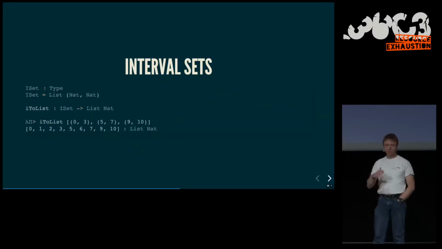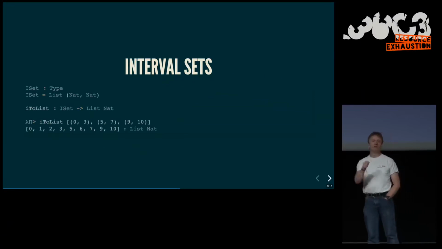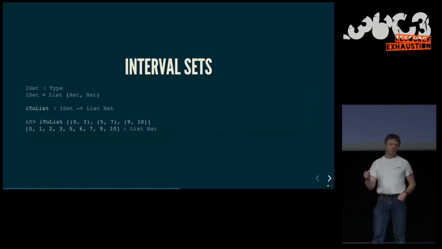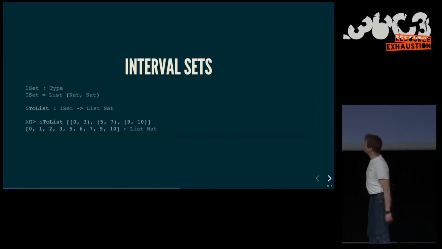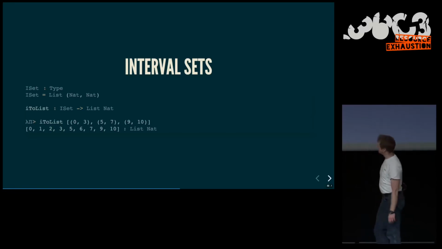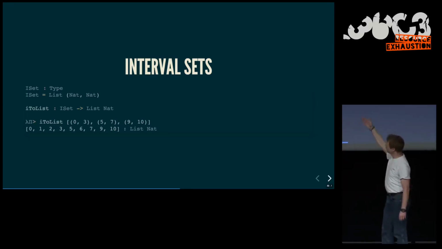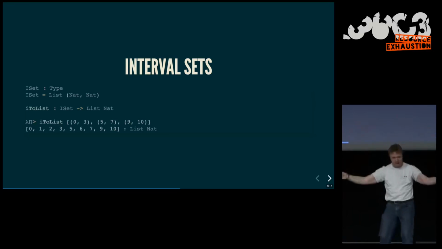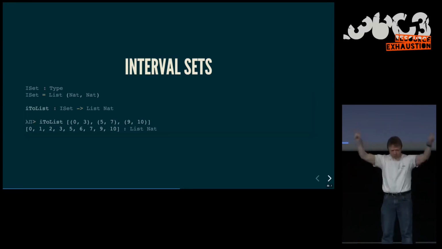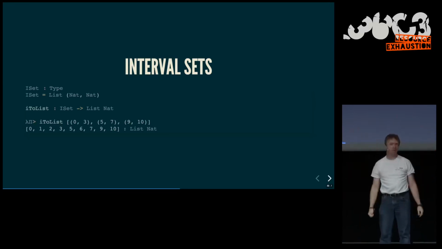And we're going to represent those sets of natural numbers by a list of intervals, so by a list of ranges, if you will, between two numbers. Now I'll try to explain that. Up there at the top, it has a type definition. It says ISet, interval set, is a type. And that type is defined to be just a synonym for a list of pairs of natural numbers. That's what those round parentheses with a comma in the middle mean.